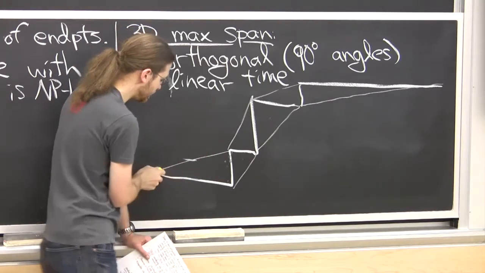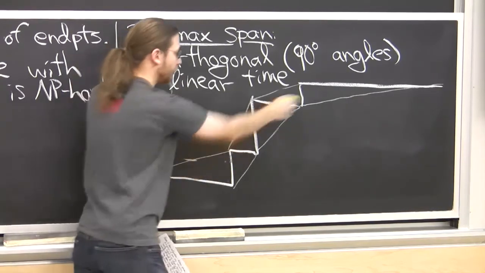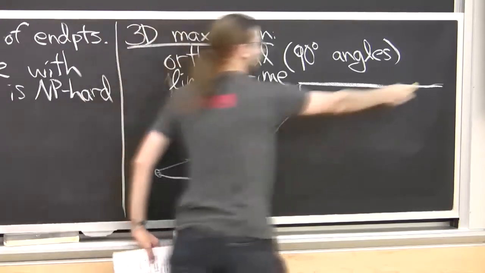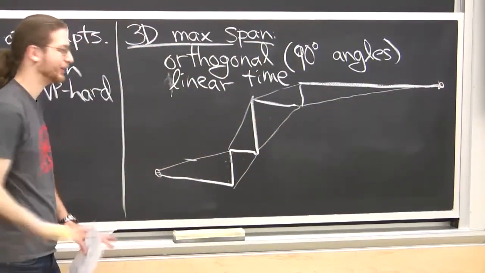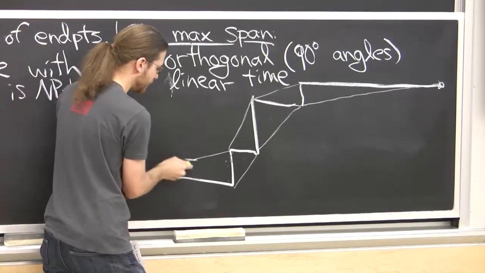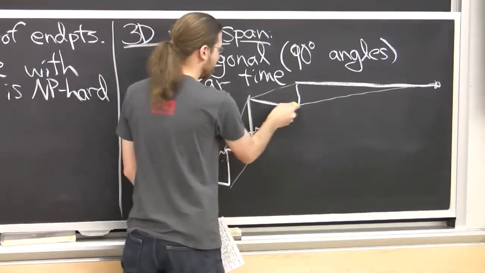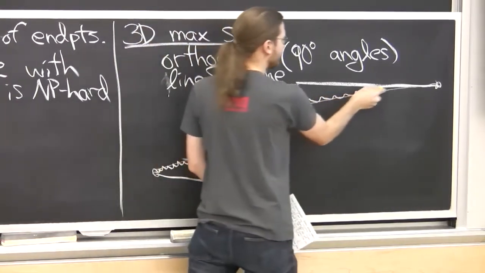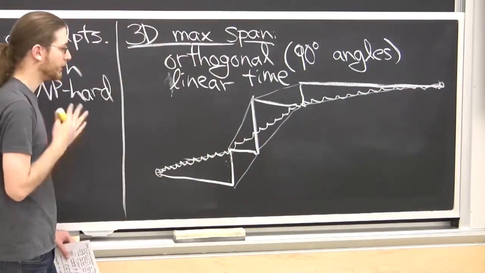And now what I'm going to do is compute a shortest path in this surface from here to here. Confusingly, this is called a geodesic shortest path, although it's not really related to geodesics from polyhedral surfaces. But if I compute a shortest path, it's going to go to this vertex and then probably to that vertex. But I'm constrained to stay inside the union of those triangles. I want to go from one endpoint to another.